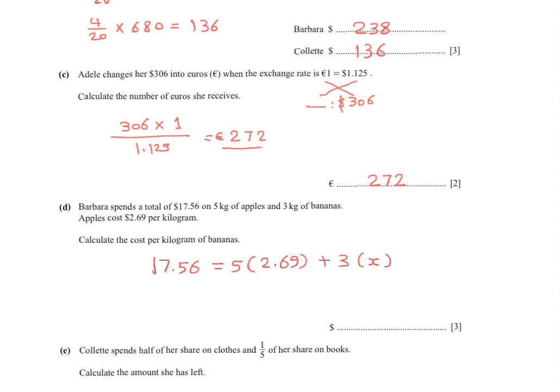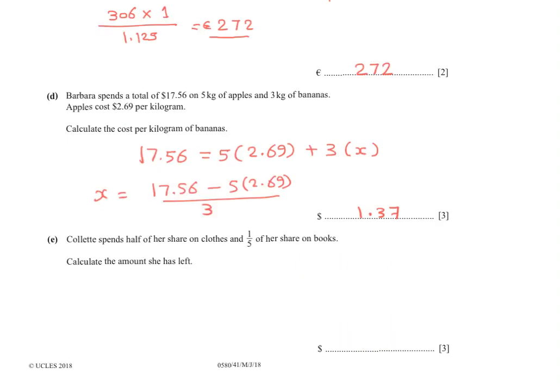To find x, subtract, then divide by 3. So x equals 17.56 minus 5 times 2.69, over 3, which gives $1.37.